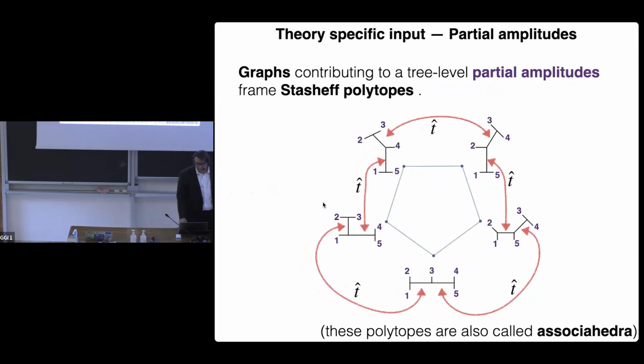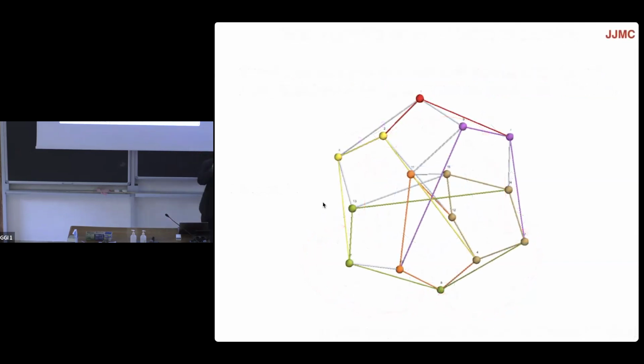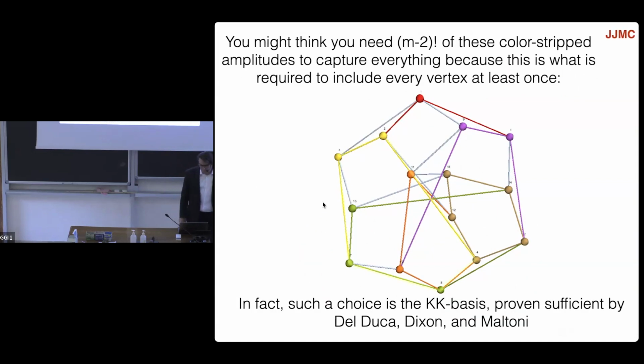What did I skip over? I skipped over the fact that, as those of you who already know, these polytopes are called associahedra, the one-skeletons you get by carving out T hat till closure. Now, you might think that you need a whole bunch of these to get everybody touched, and so you might think that at 5 points you'd need 6 of these ordered amplitudes or pentagons, because that's what's required to touch every vertex.